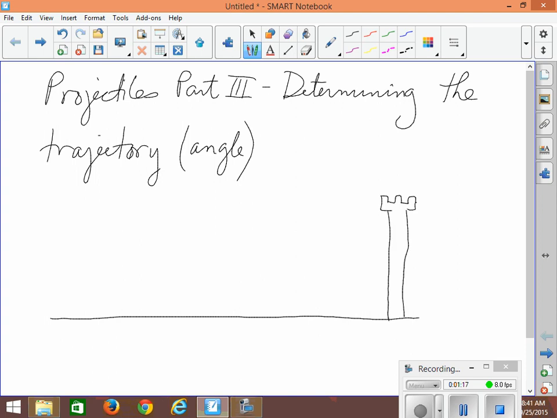Obviously, this castle wall has seen better days. And in the castle wall, say here, is a window. And in the window is a little soldier with his bow and arrow protecting the castle. And let's call the height of that window 10 meters.